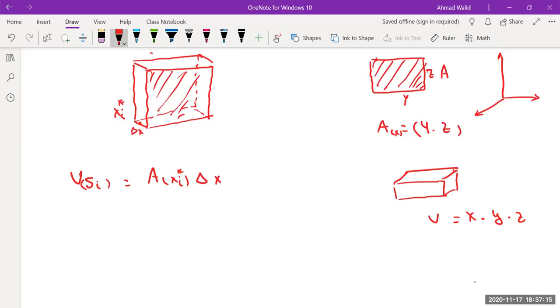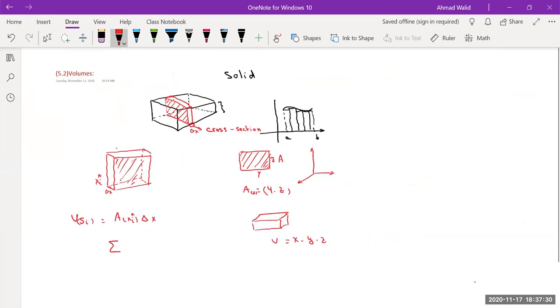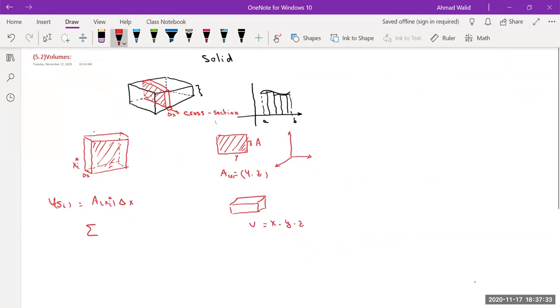And you first try to find the value, correct? After that, you are adding all those tiny slabs to each other. It means you're looking for the sum of those, and it gives you the volume of the actual shape, which is this shape that I'm looking after, correct?